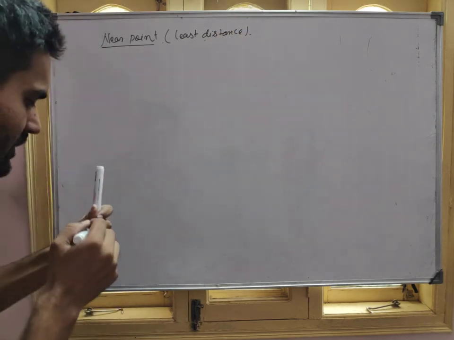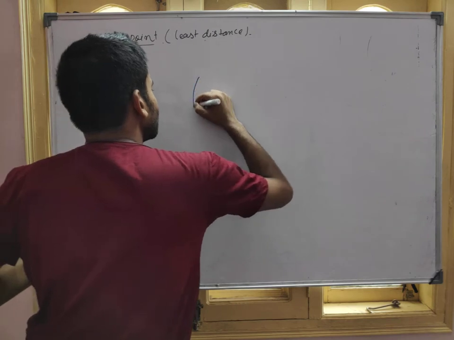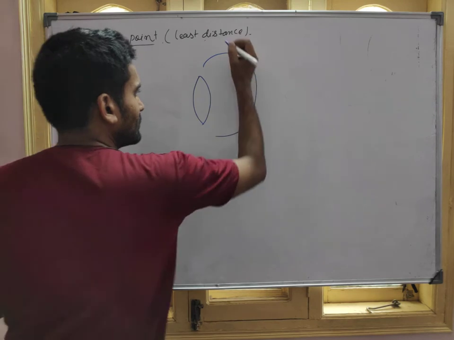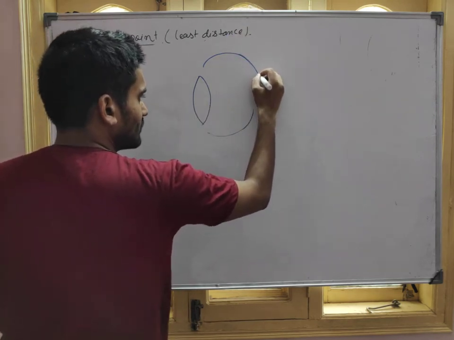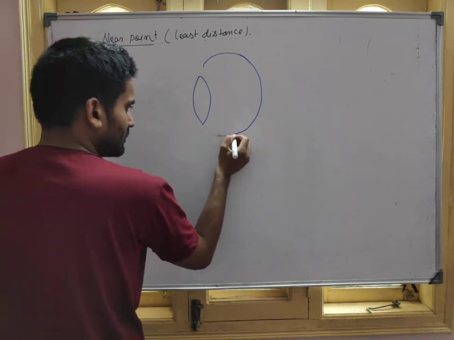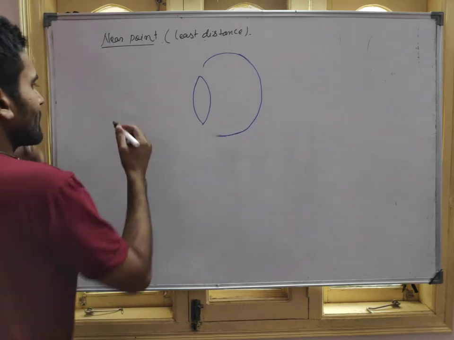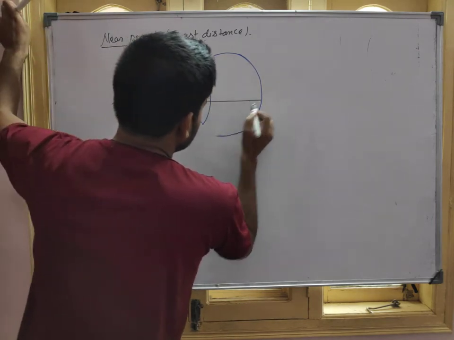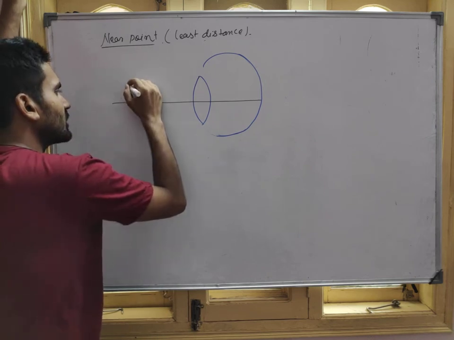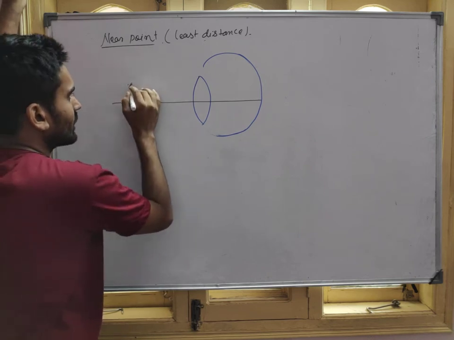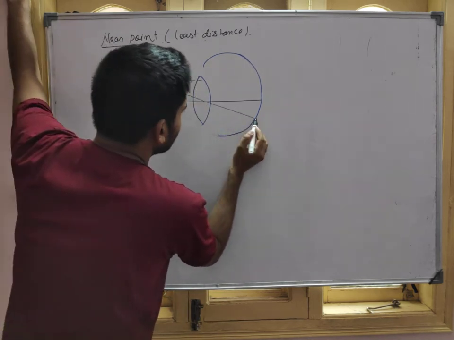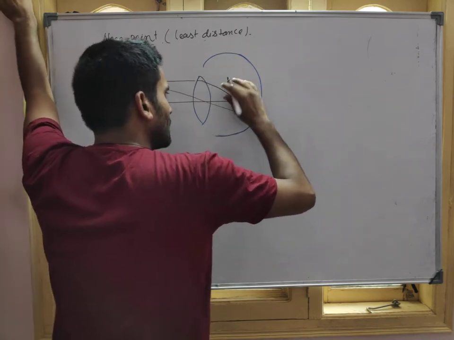See guys, let's say this is our eye. If the object is here, right? So the light is going like this and the focus will be like this.